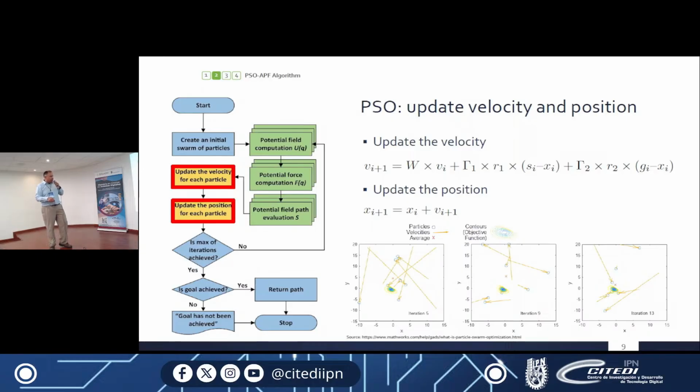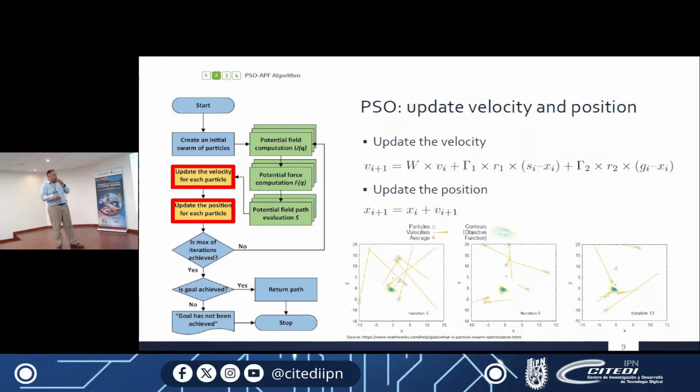Here we have a simple example of how this iterative process works. At the beginning, we have a random set of particles. The position is random, and the velocity is also random. In this example, every particle is represented by a blue circle. The velocity vectors are represented by these orange arrows.